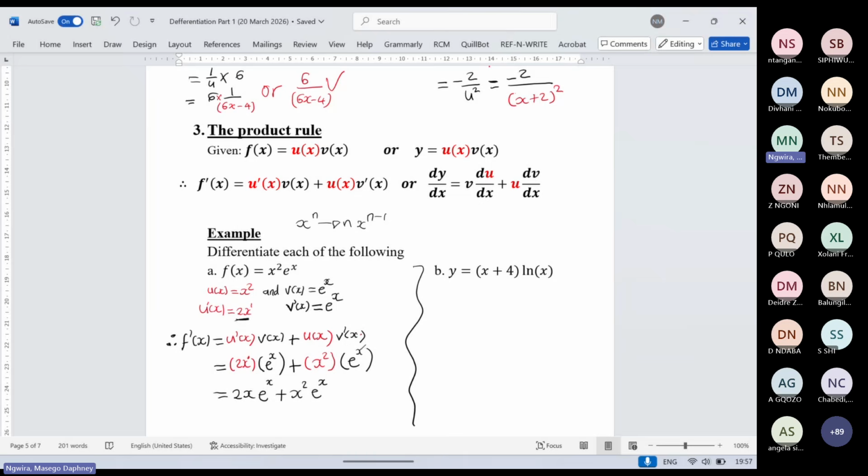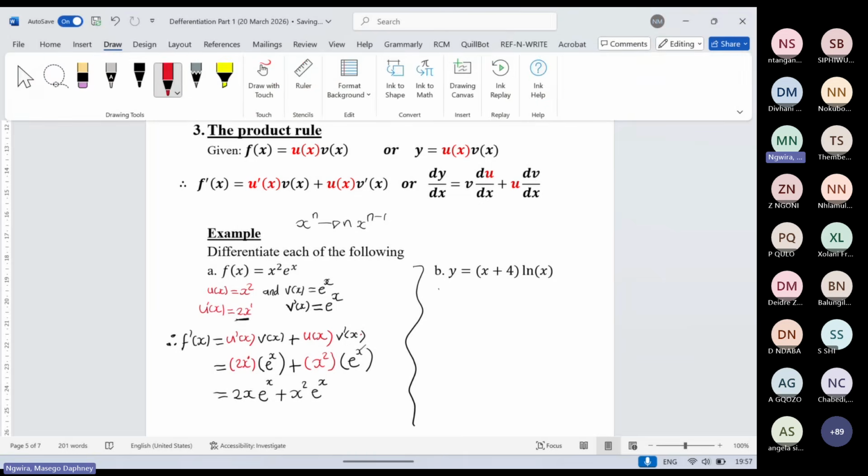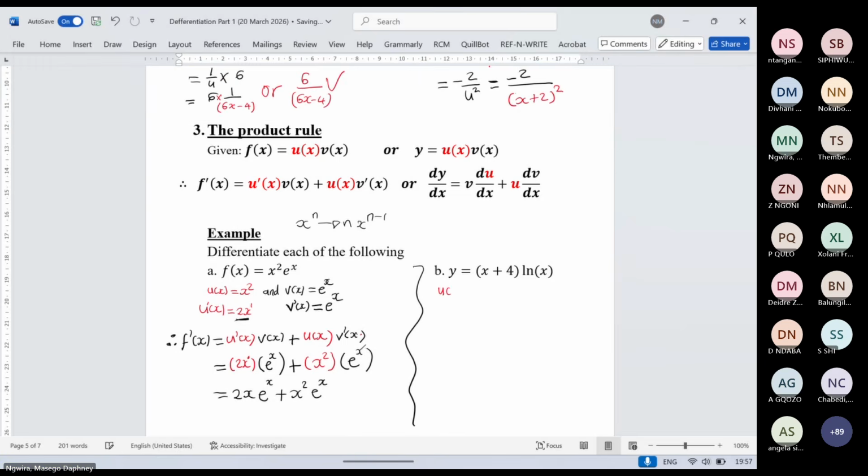So we're going to say our u of x is x plus 4. When I derive this x plus 4, the derivative will be x to the power of 1 minus 1, then plus 0.